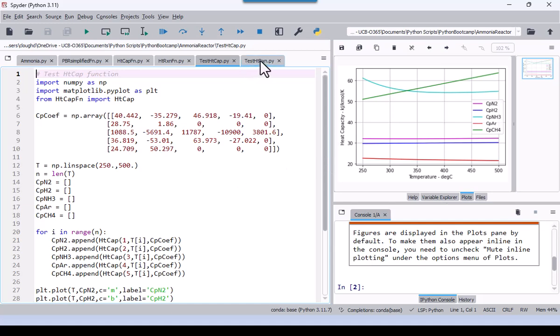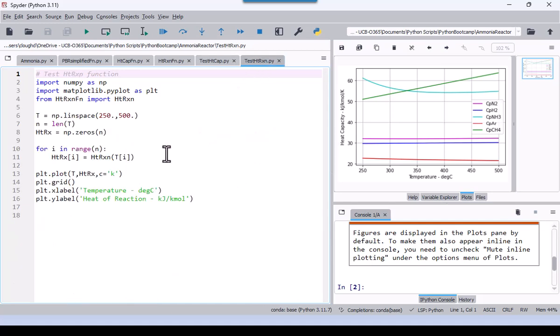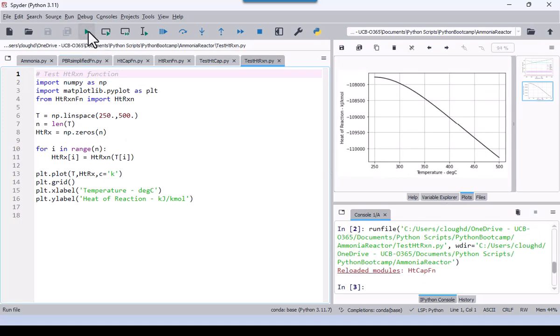And then if we come to our test heat reaction script, we can run that, and it gives us a curve of our exothermic heat of reaction in kilojoules per kilomole over our range of temperature 250 to 500.